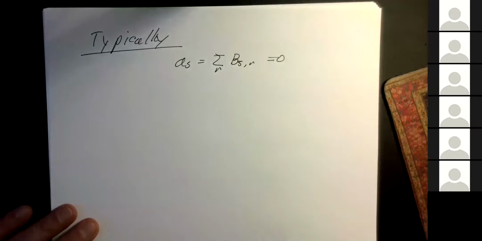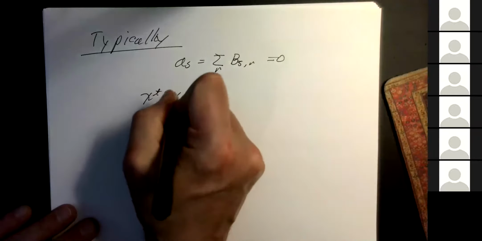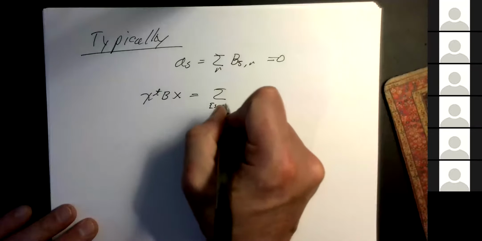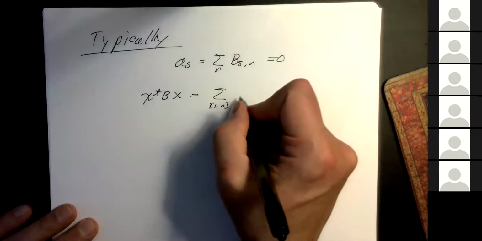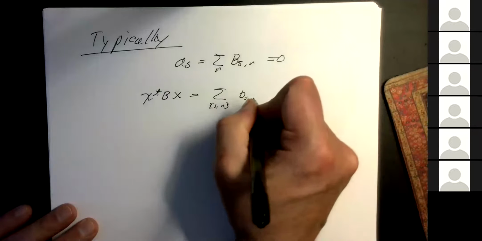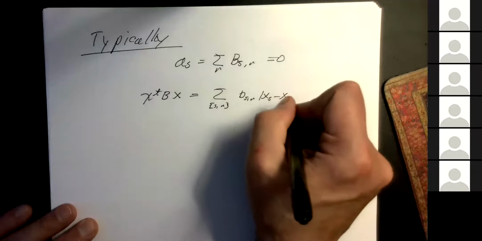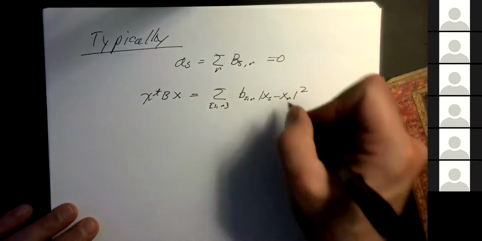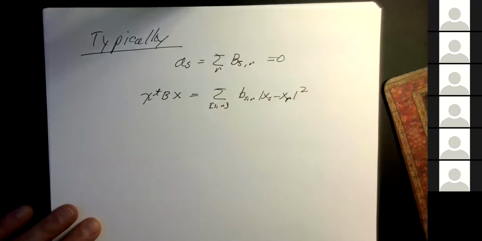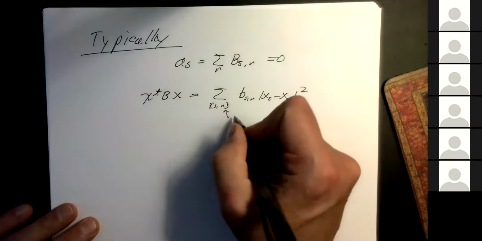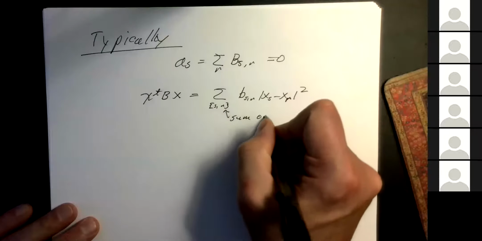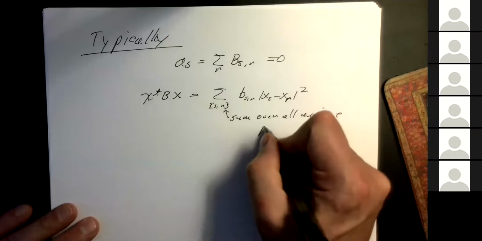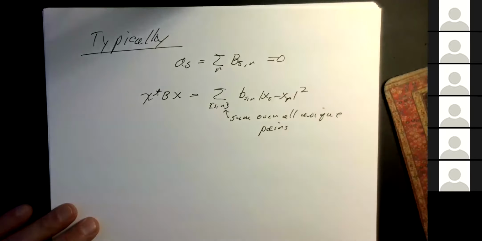So in that case, X transpose BX is equal to the sum over S and R of BSR times XS minus XR squared, where this is the sum over all unique pairs.